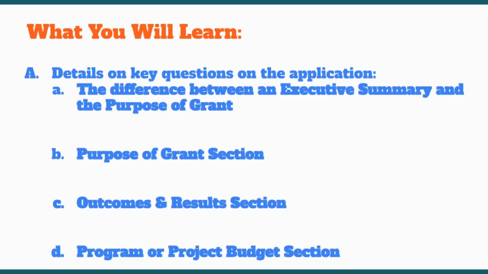We'll explain that. Then the purpose of the grant section, the outcome and result section, and the program or project budget section. We'll drill into each of those, and after each of them you'll have some opportunities to ask any questions you may have. That will hopefully allow us to pause right where the questions are.